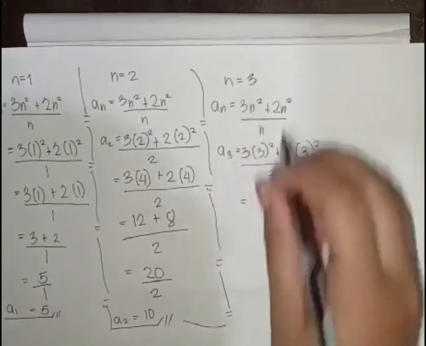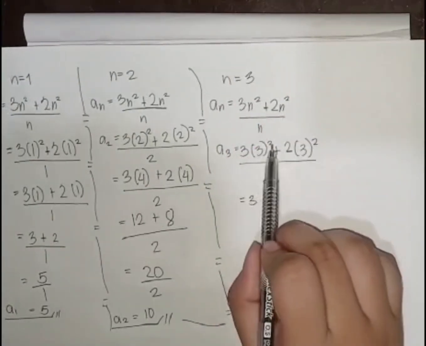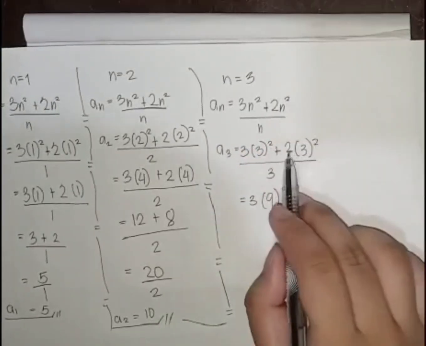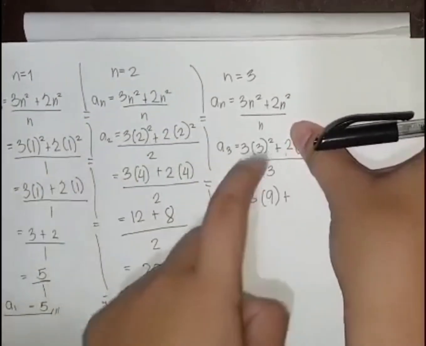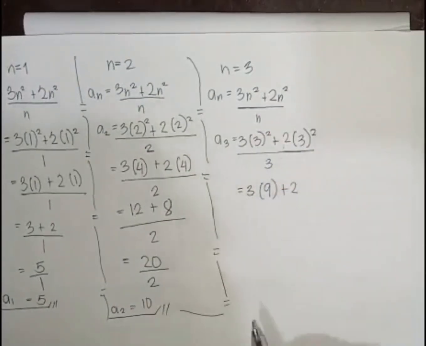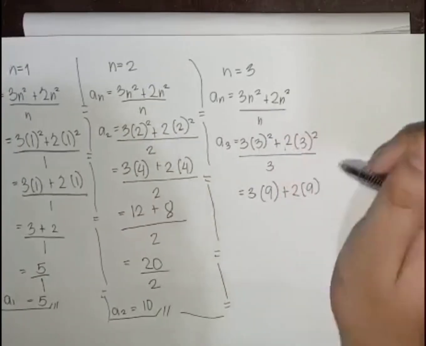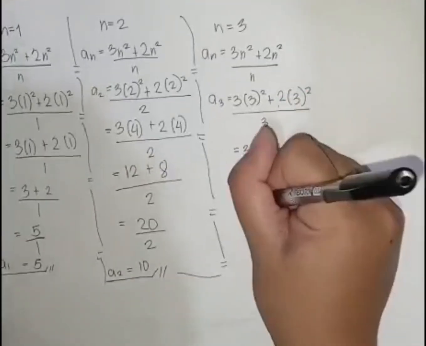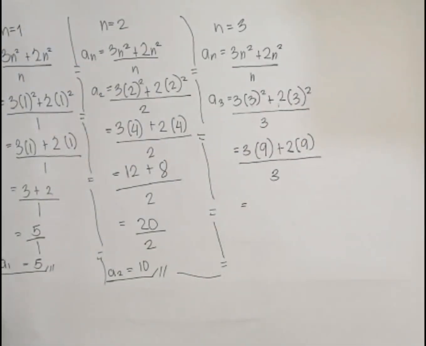So, let us copy the 3 here. So, 3, and then 3 times 3 is 9. Plus, let us copy this 2, and then 3 times 3 is also 9 over 3. So, 3 times 9 is 27.